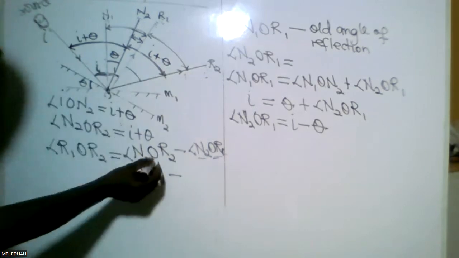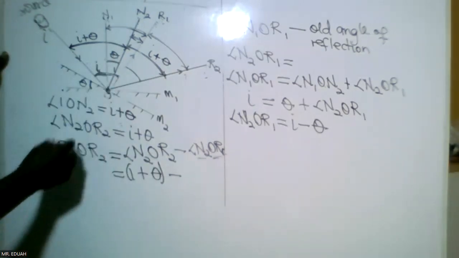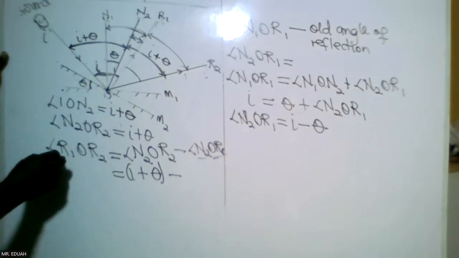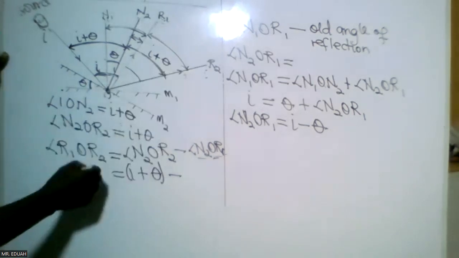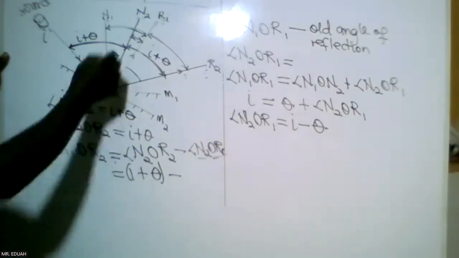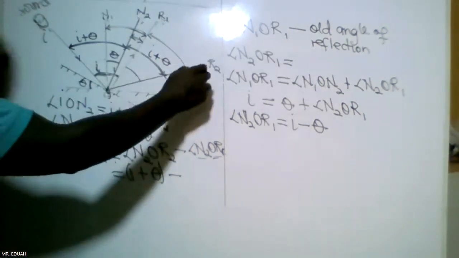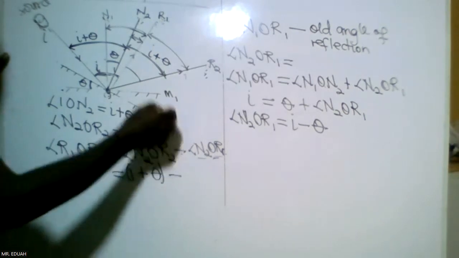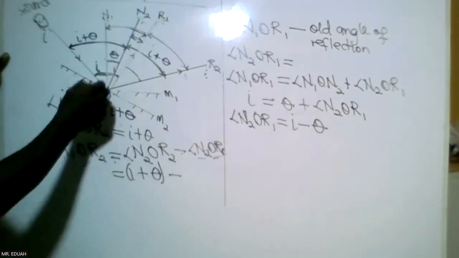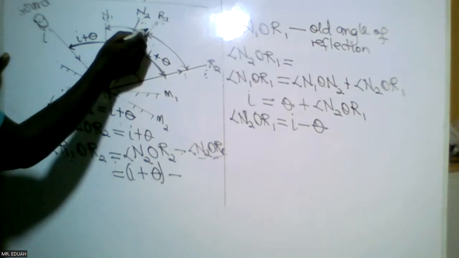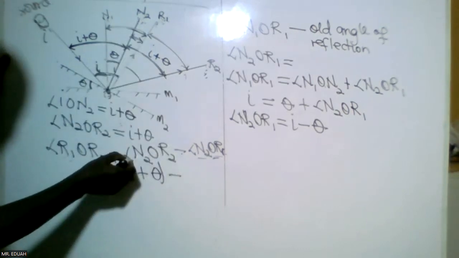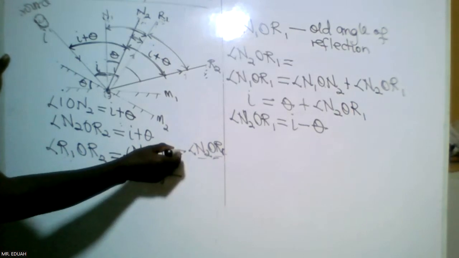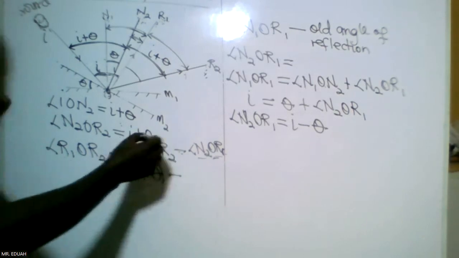Earlier we said that angle R1 O R2 would be equal to angle N2 O R2 minus angle N2 O R1. And we found this one, we found this. So we substitute it into the relation.